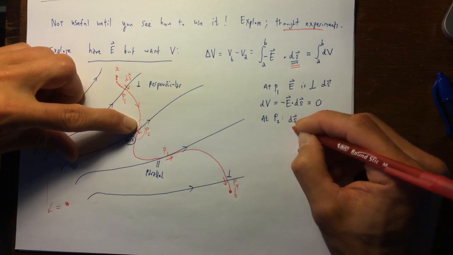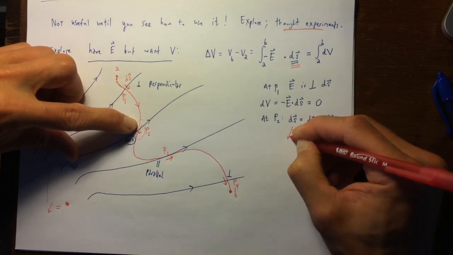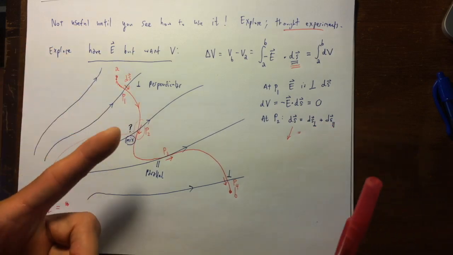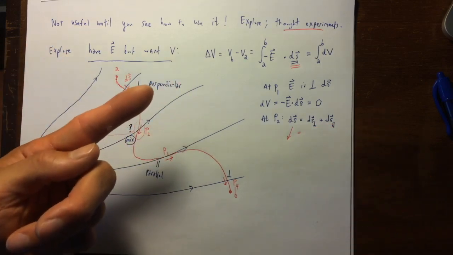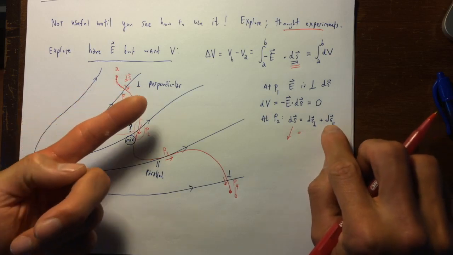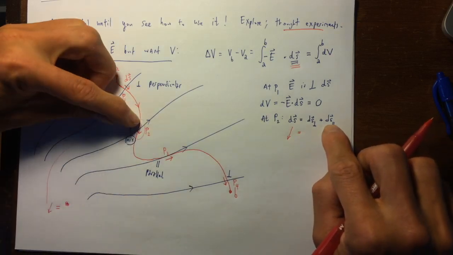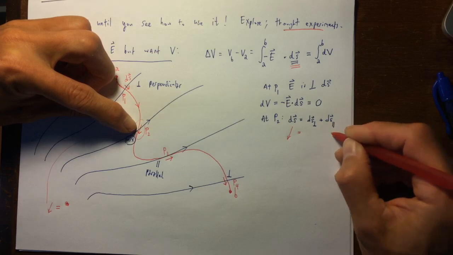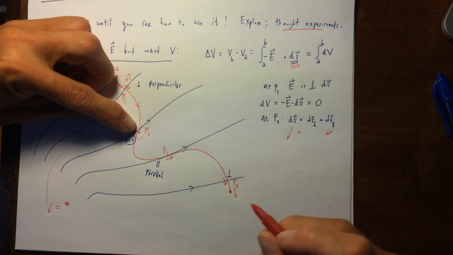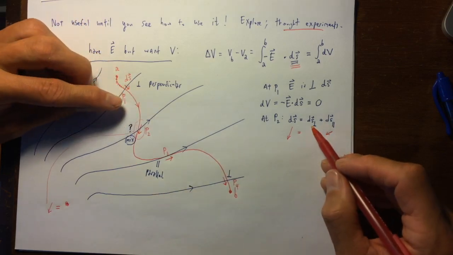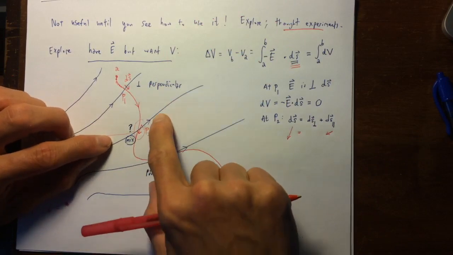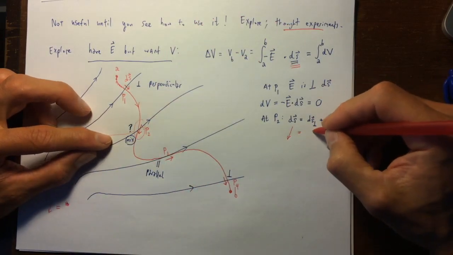So the electric field is this way, so the ds that's parallel is actually anti-parallel. It's a little vector that points along the electric field line like this, and ds perpendicular is this piece that's perpendicular to the field line.